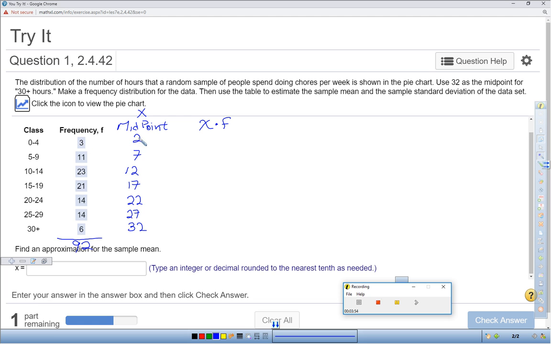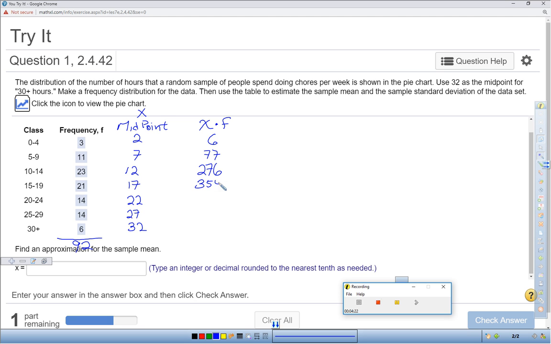So multiply 3 by 2. 3 times 2 is 6. 11 times 7 is 77. Now 23, let me use the calculator. 23 multiplied by 12 is 276. 17 times 21 equals 357.